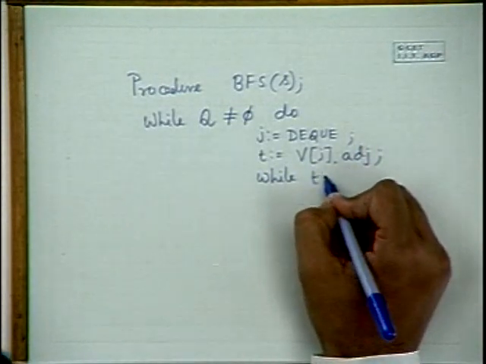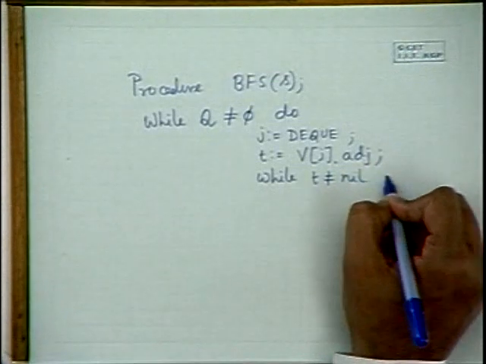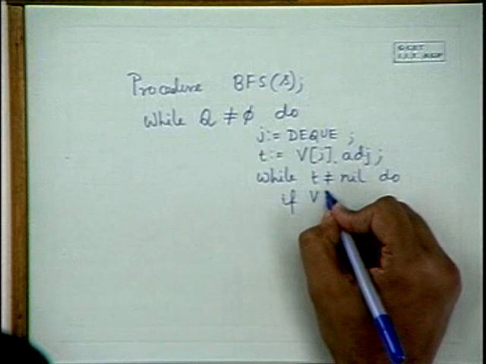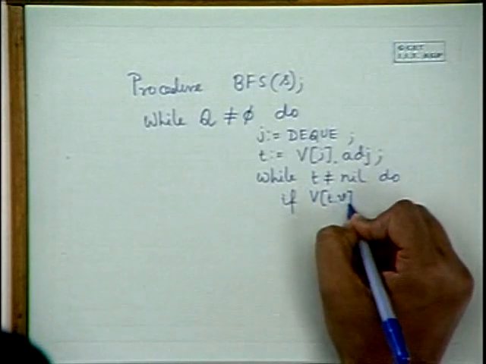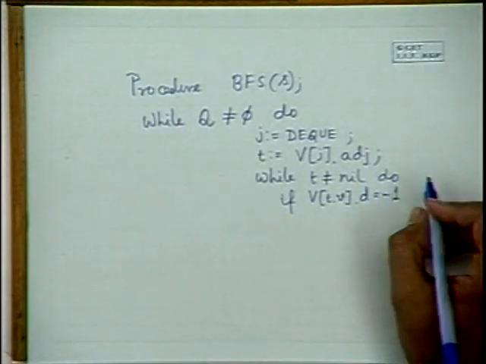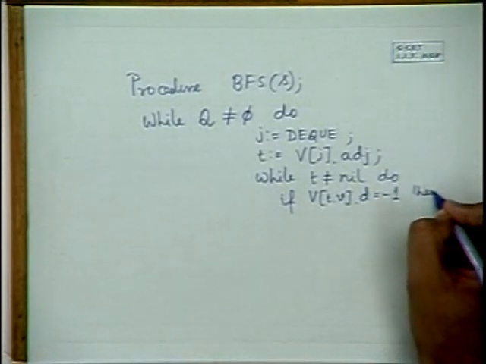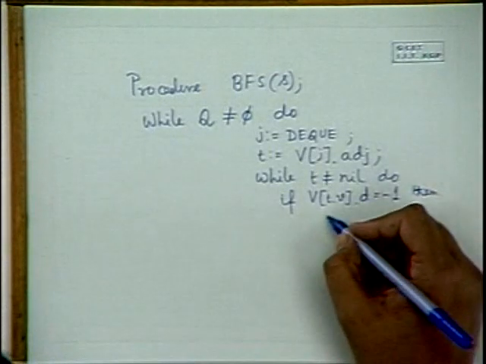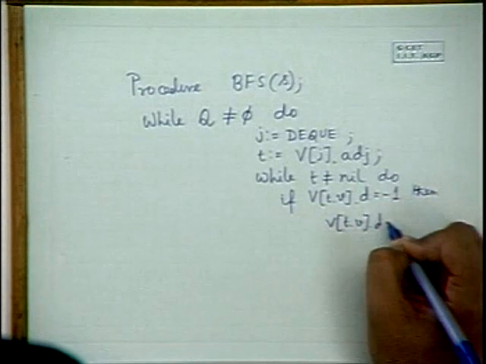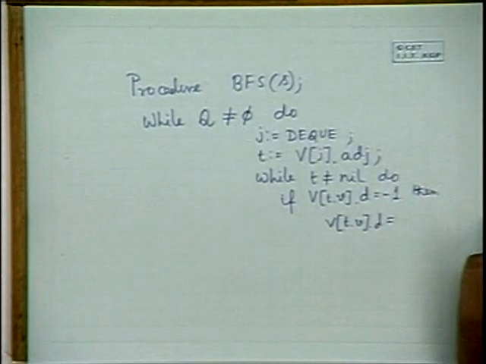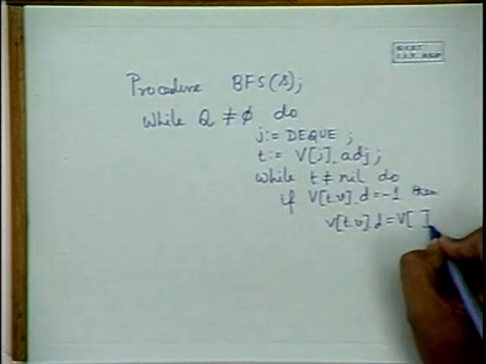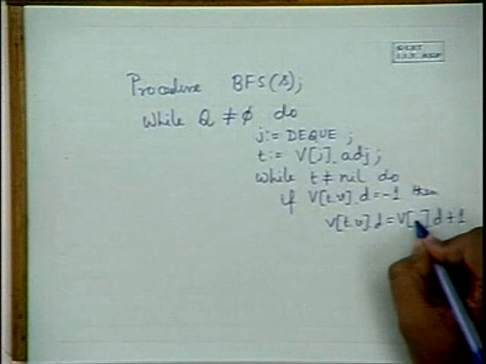While t is not nil, do: if vt.v.d is equal to -1, that means it has not been visited. Then what should you do? You just visit this. vt.v.d should be this time what? vj.d plus 1, so fill up the gaps.